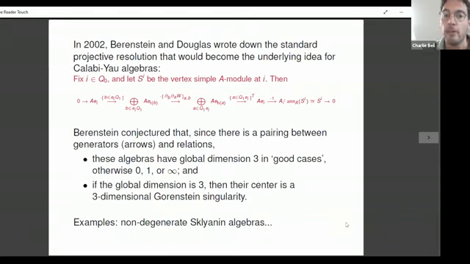So Berenstein conjectured that there's a pairing between the generators, the arrows, and the relations. These algebras should have global dimension 3 in good cases, and otherwise 0, 1, or infinity. And if the global dimension is 3, then the center should be a 3-dimensional conifold singularity. Some examples that we already know were Sklyanin algebras for non-commutative algebraic geometry.